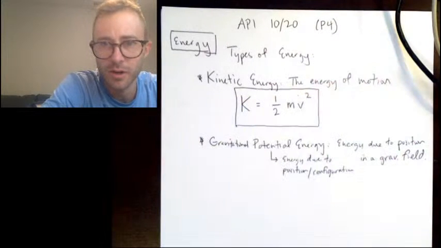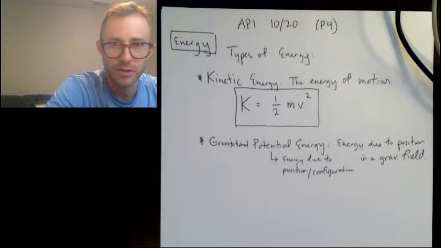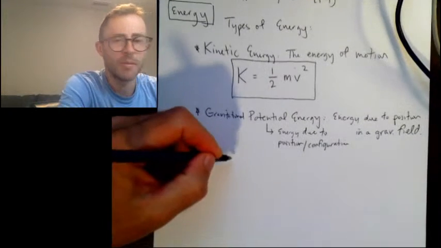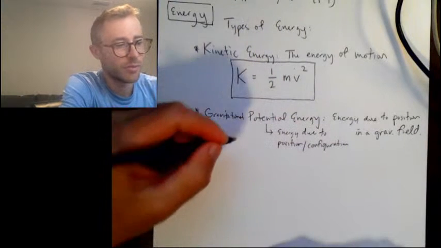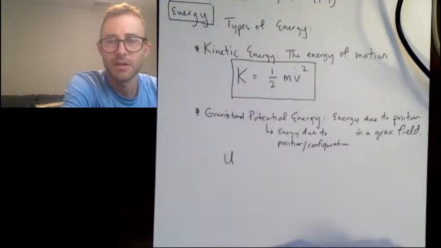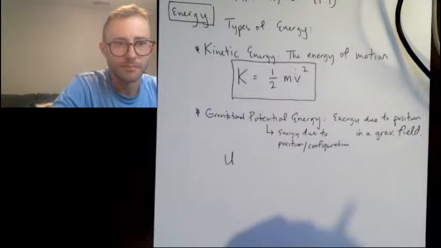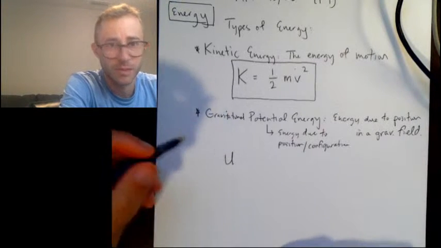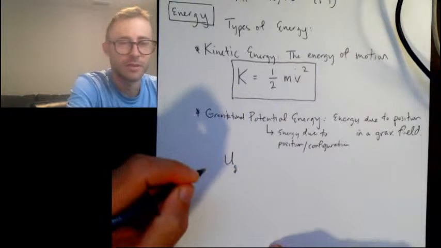Because you are in a gravitational field, you have gravitational potential energy. I'm going to denote any form of potential energy by the letter U, and then I'll put a subscript there to indicate which type of potential energy it is. So U sub G for gravitational.